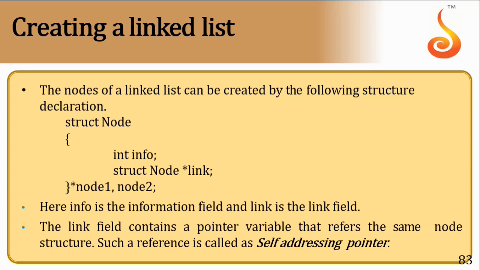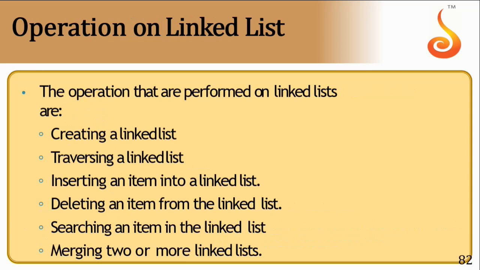So that is just the generic syntax. I will show you how to do it. I'll write the node and try to explain, then we will write the algorithm also for that. Before that, we will go through what operations are performed on a list. Creating a list, yes.